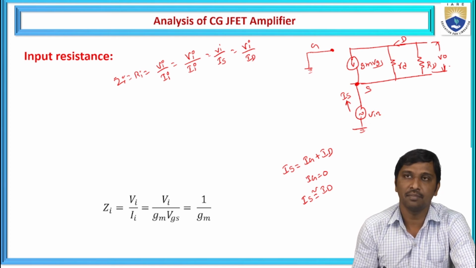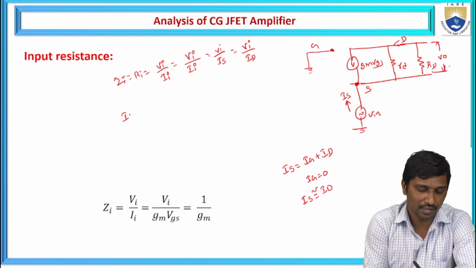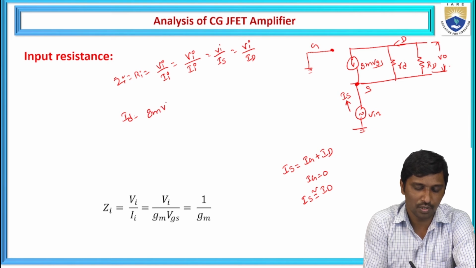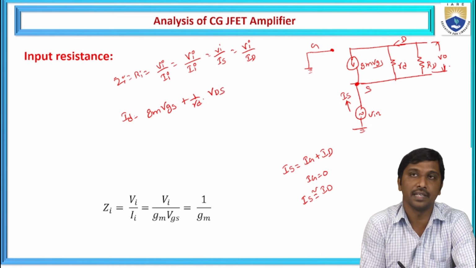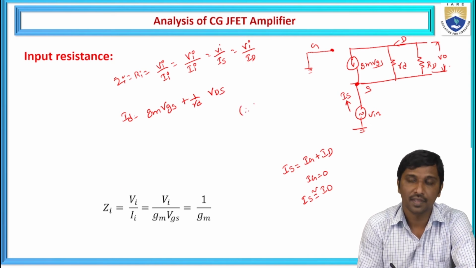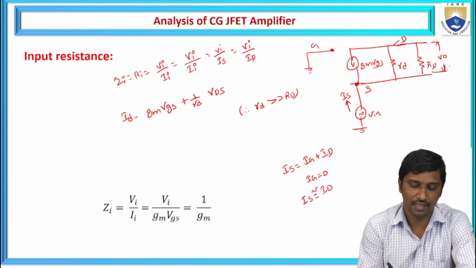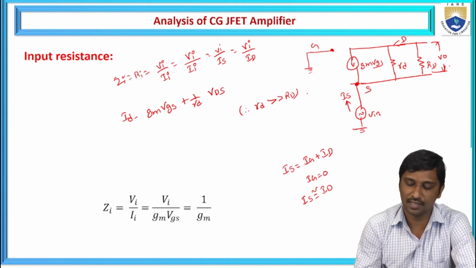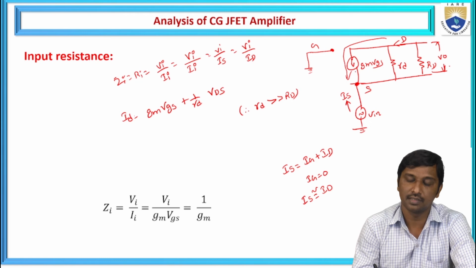Again, from the small signal model representation, we know that ID is equal to gm times VGS plus 1 by rd times VDS. When rd is much greater than capital RD, the maximum current flows through only gm times VGS.